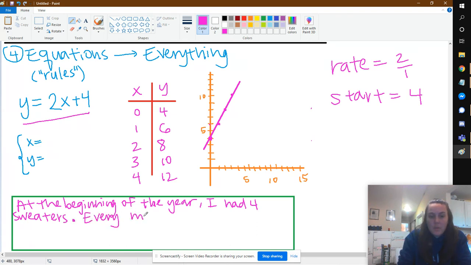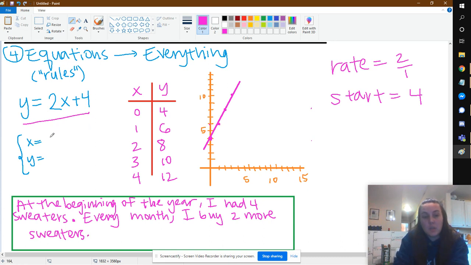And then every month, I buy 2 more sweaters. That means the x would be the number of months, and the y would be the number of sweaters I have.